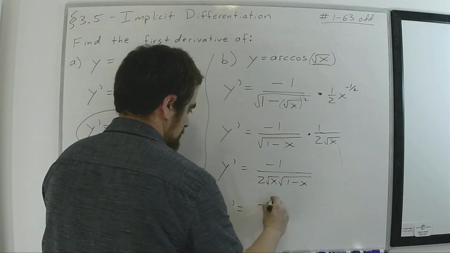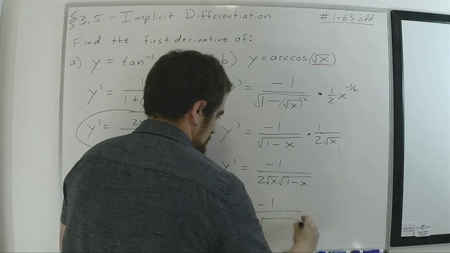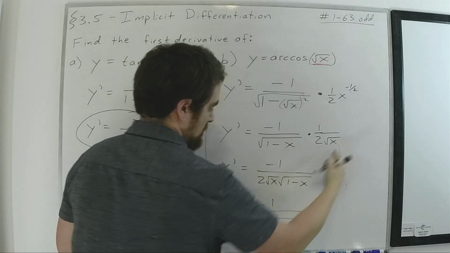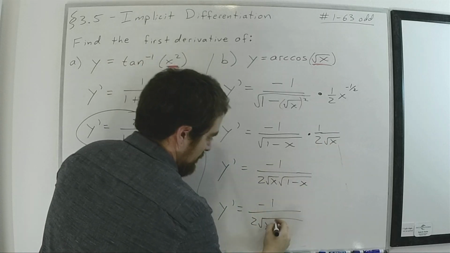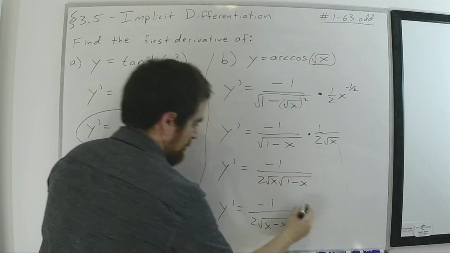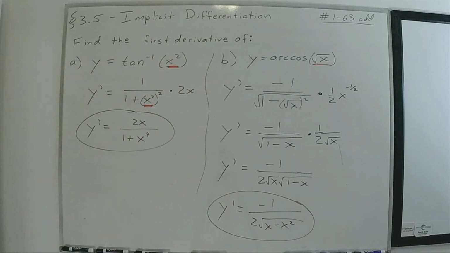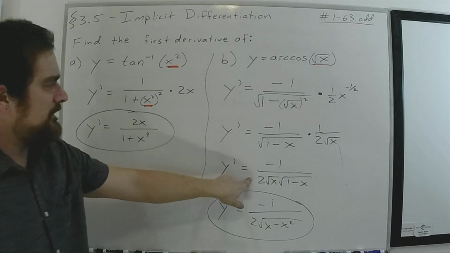But if you really wanted to, since it's the product of two radicals, this radical times 2 times this radical, I could bring it under one radical and write it out like that if I wanted to. But there's not really anything wrong with that.